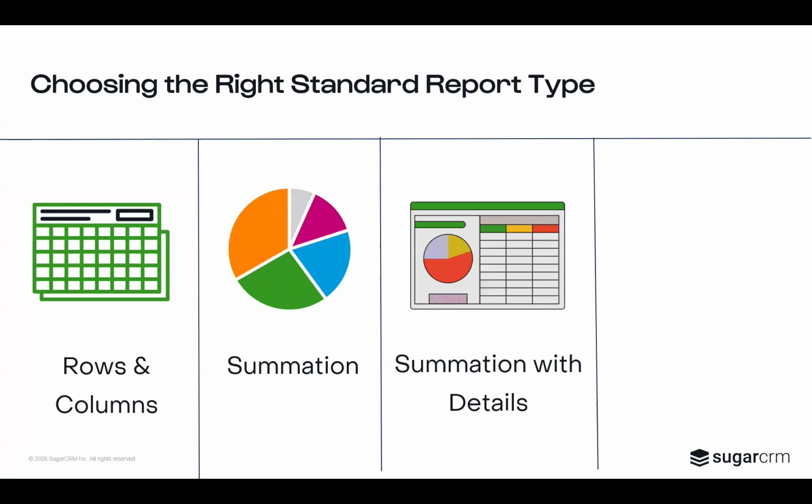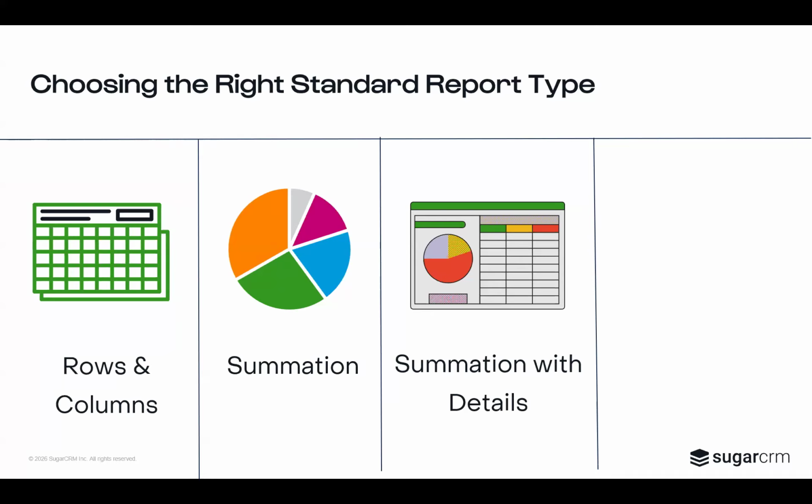Summation with detail is a summation report with all the data behind it. It's going to be a combination of a row and column and a summation. So you're going to see a chart, you're going to see the high level data, and underneath each one of that data, it's going to give you the actual records that are associated with those numbers, like how many are in each category, what is the average opportunity amount, likely amount in each one, what's the min amount, whatever calculation you want to make, or information you want for each of those particular categories.